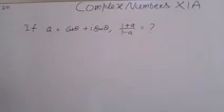If A is equal to cos theta plus i sin theta, find the value of 1 plus A upon 1 minus A. Just put the value of A here and try to simplify it completely, taking the conjugate.